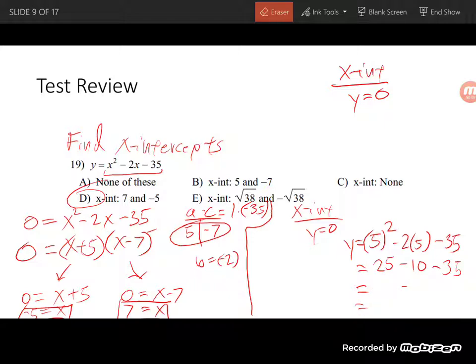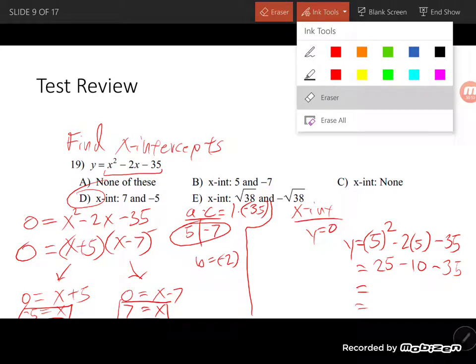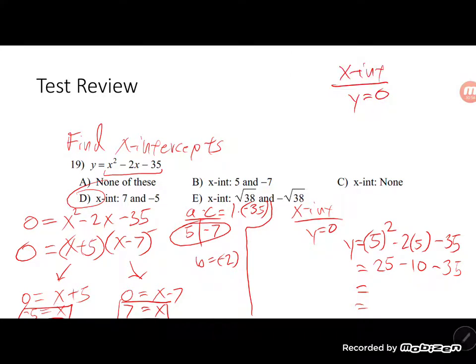So let's go ahead and do that a more formal, more basic way. So 25 minus 10 could also be written as positive 15 minus 35. And 15 and a negative 35 would be a negative 20, which is still the same answer.